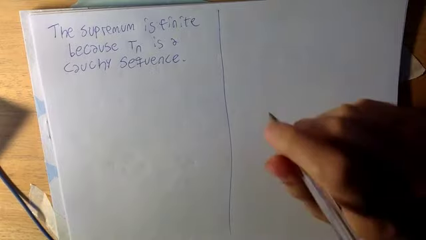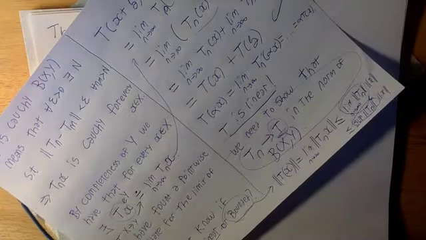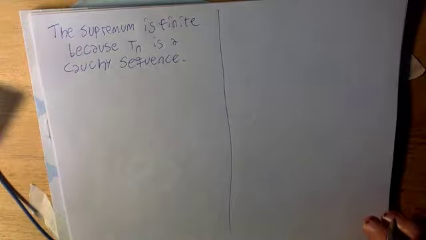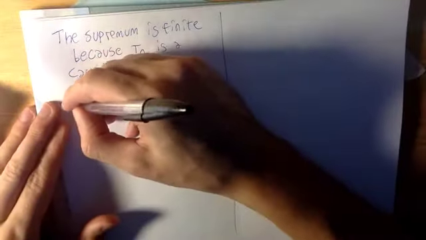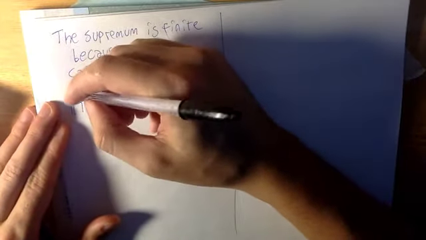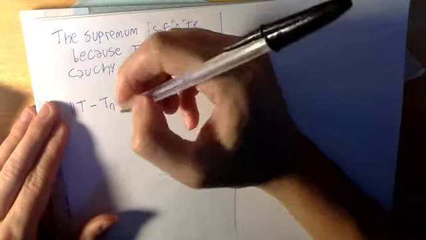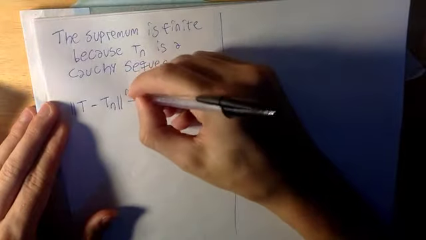So now the question is, can we show that Tn converges to T in the norm of B of X,Y? What we need to show is that the norm of T minus Tn goes to 0 when n goes to infinity.